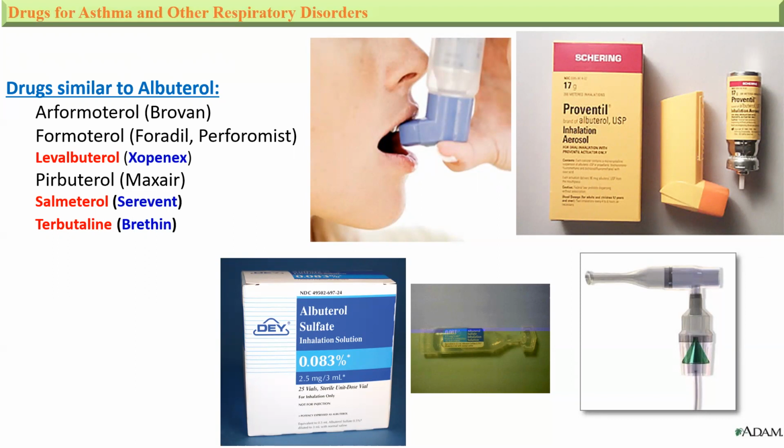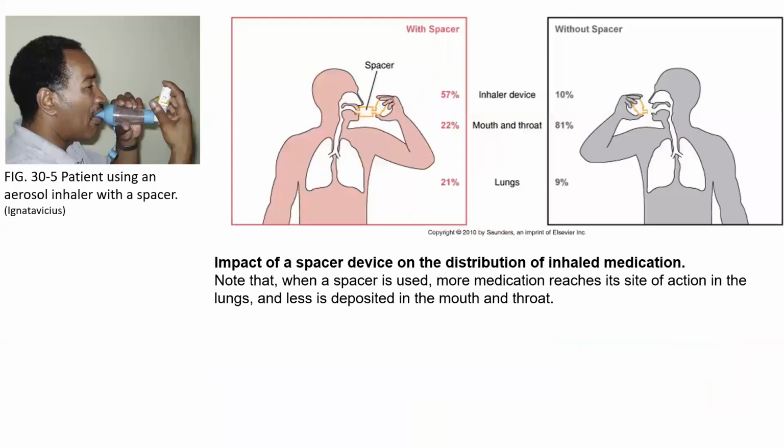Oral beta-2 agonists are used only for long-term control. Formulations vary. The long-acting LABA and oral preparations are used for long-term control, whereas the short-acting beta-2 agonists, the SABA, are used for acute episodes.